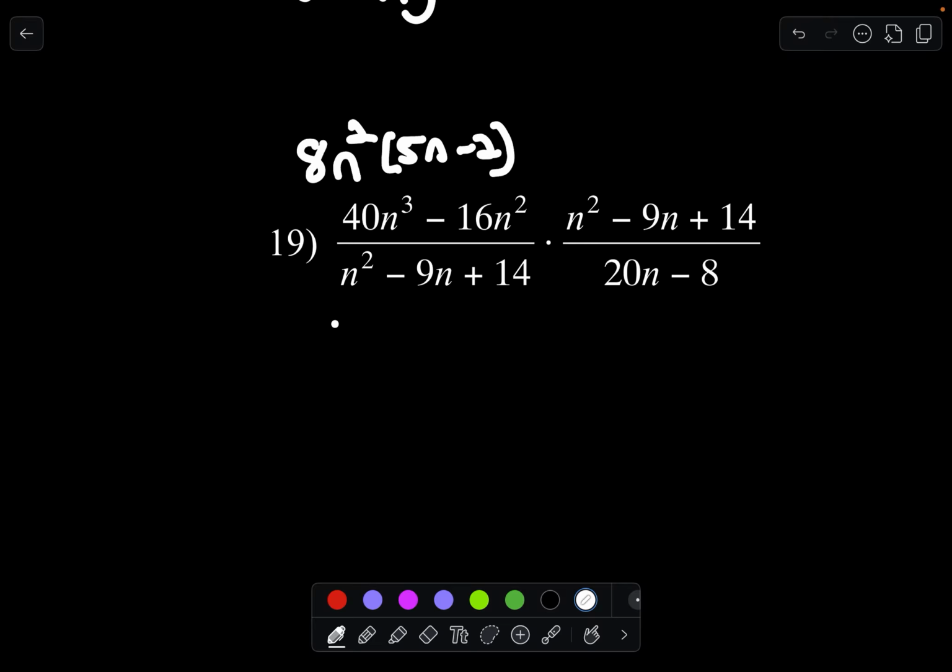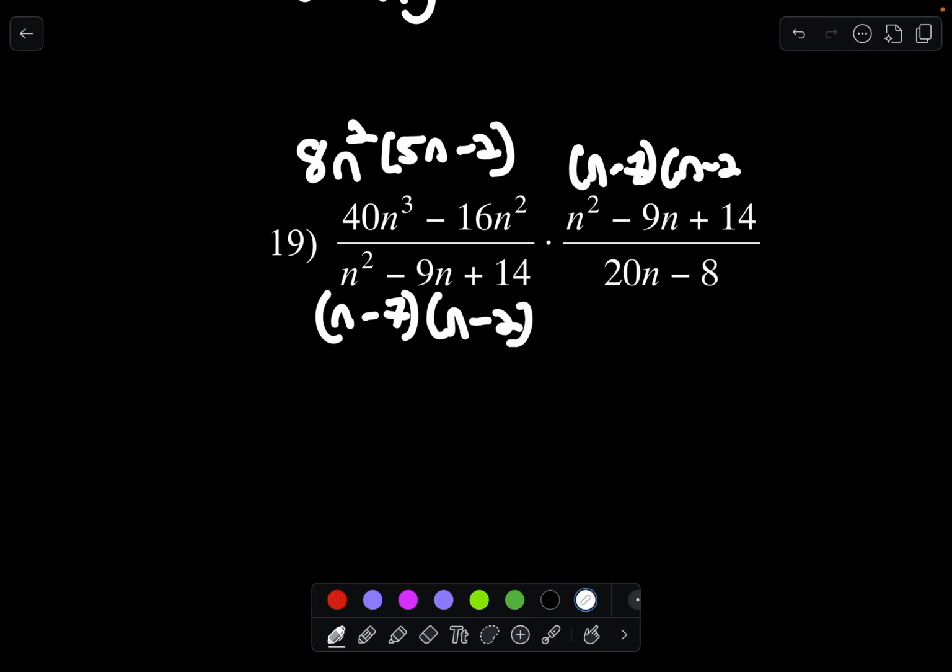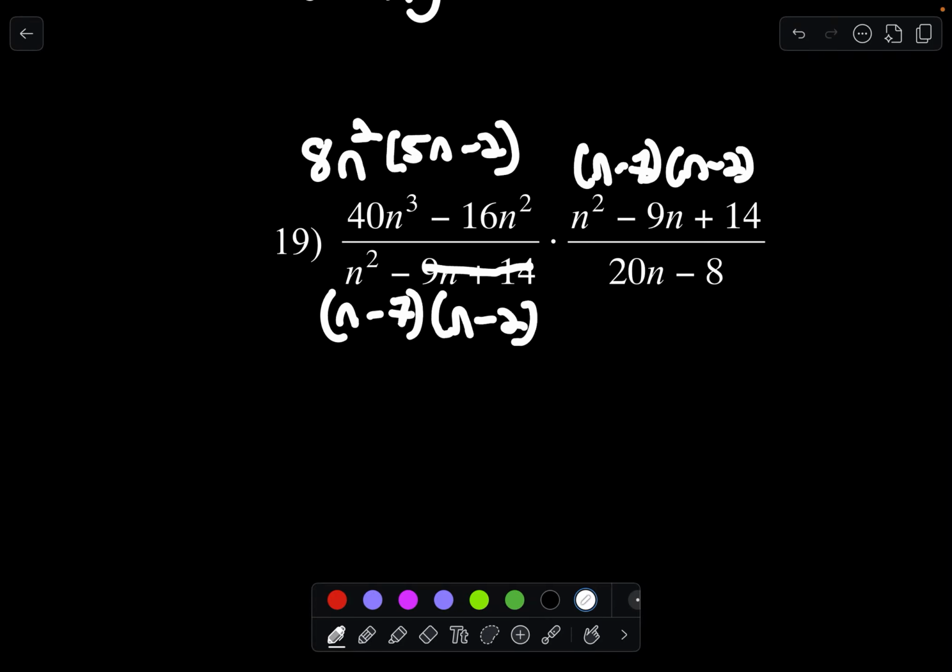On bottom, that would be n minus 7, n minus 2. On top is n minus 7 and n minus 2, which is the same. In other words, I could have just done this, and those would divide out.